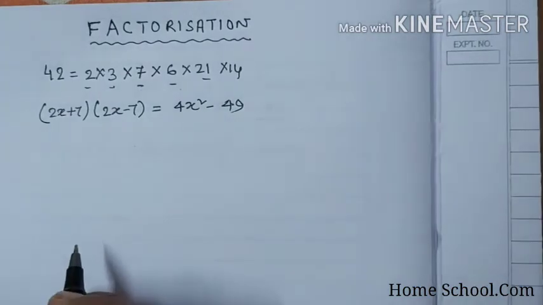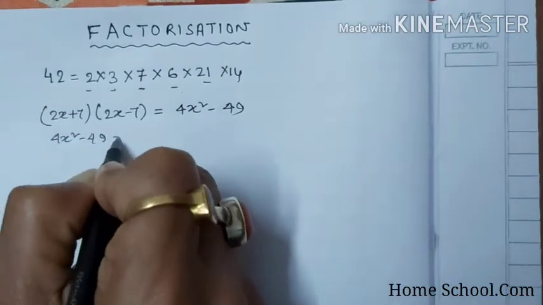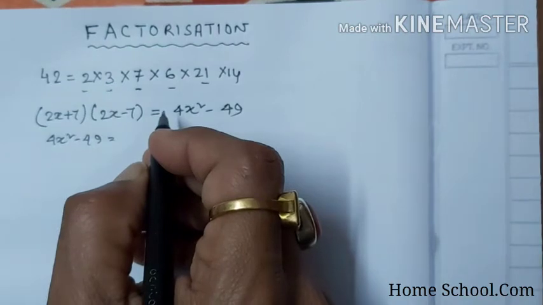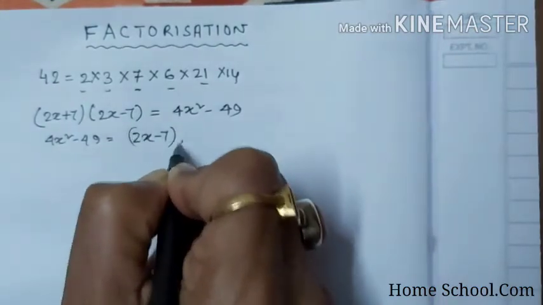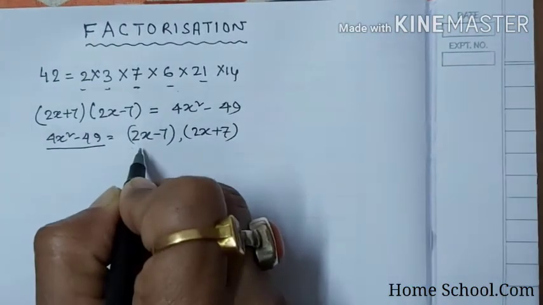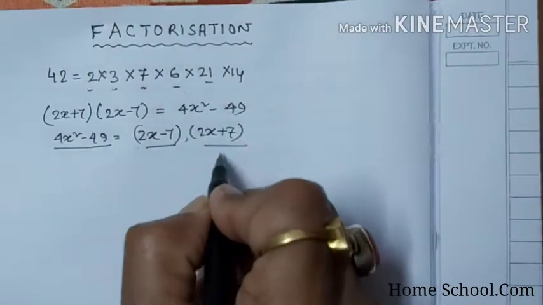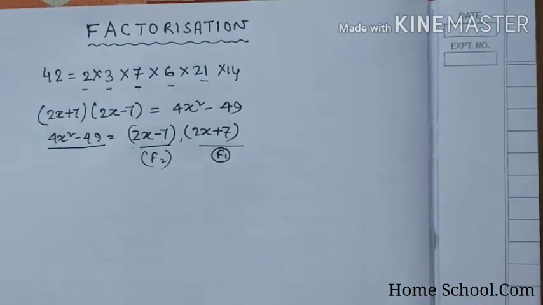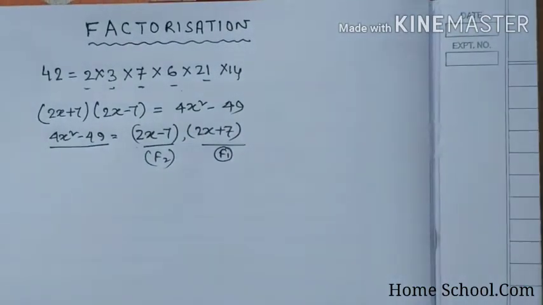So we can say 4x square minus 49 has two factors, 2x minus 7 and 2x plus 7, because 4x square minus 49 is completely divisible by 2x minus 7 and 2x plus 7. So these are factor 1 and factor 2 of 4x square minus 49.